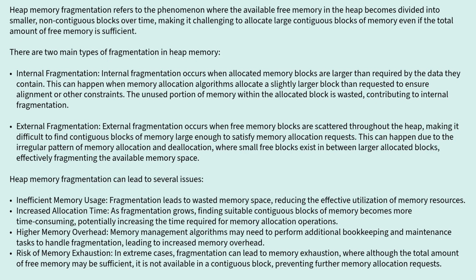So these are some of the issues that can occur in case of fragmentation. This is called external fragmentation, when memory blocks are scattered throughout the heap, making it difficult to find contiguous blocks of memory large enough to satisfy the memory allocation requirement. This can happen due to irregular patterns of memory allocation and deallocation, where small free blocks exist in between larger allocated blocks, effectively fragmenting the available memory space.